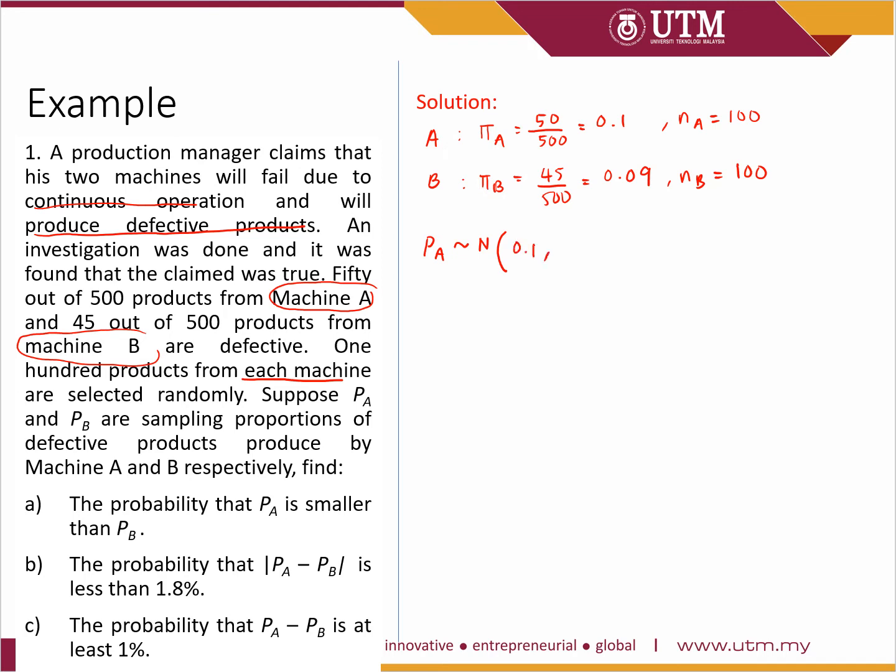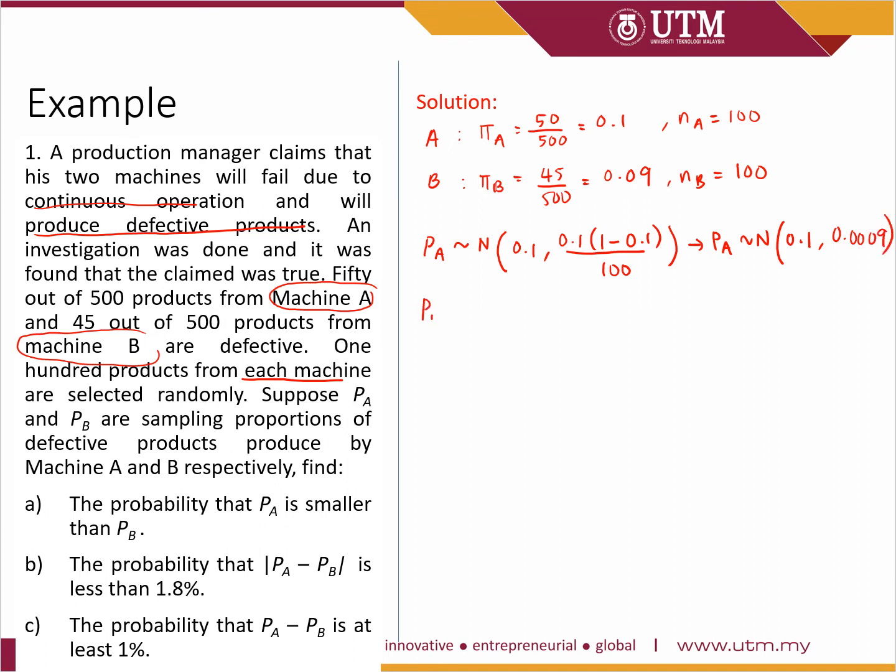And for the variance, it will be pi A times 1 minus pi A, divided by n, which is 100. So this equals 0.0009.